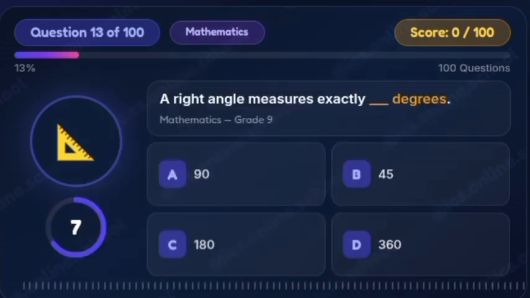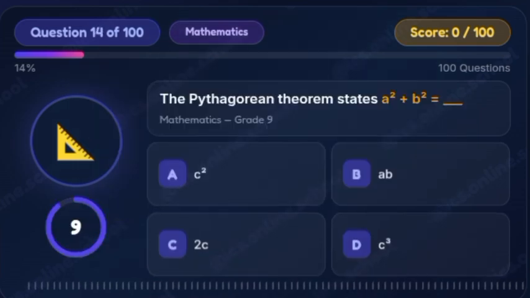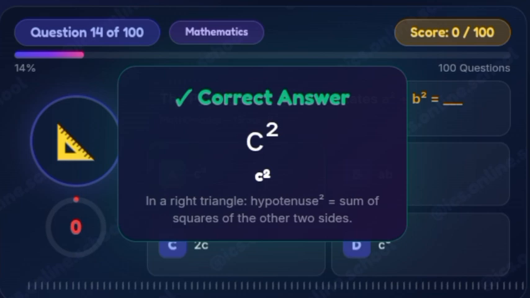The right angle measures exactly blank degrees. 90 degrees. The Pythagorean theorem states that a square plus b square is equal to c square.